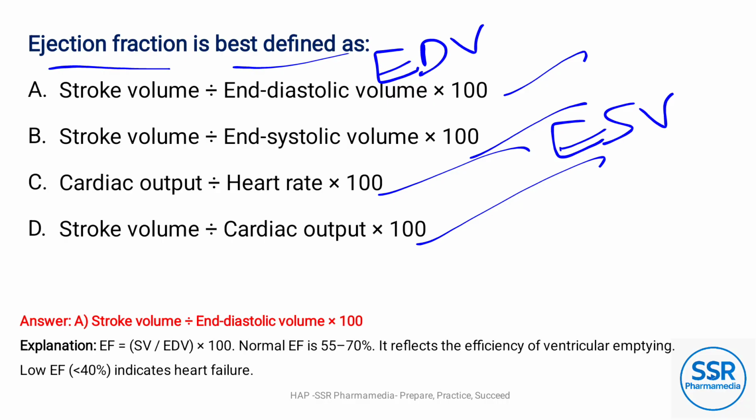The answer is option A, stroke volume divided by end diastolic volume into 100.